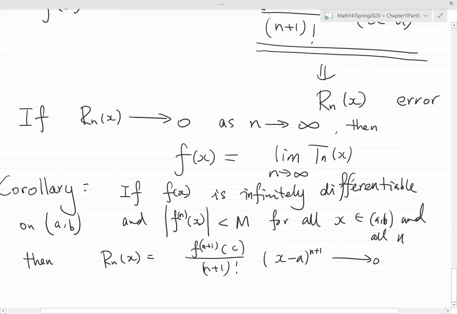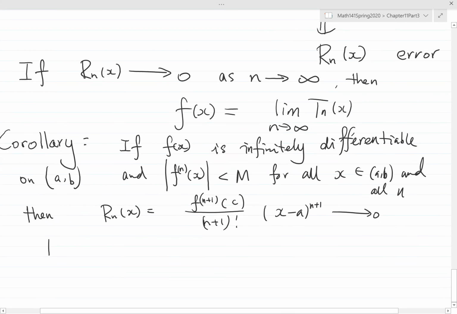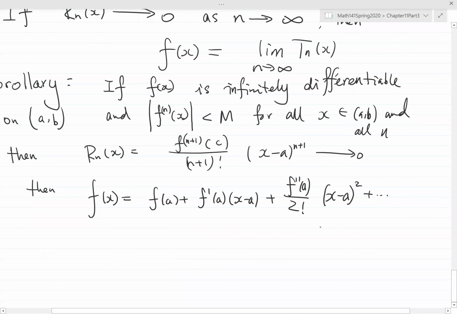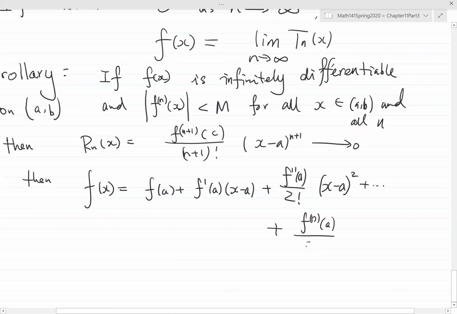Since this thing approaches 0, we have f x equals f a plus f's derivative at a times x minus a, plus f's second derivative at a over 2 factorial times x minus a squared, and so on. The general term is the nth derivative at a over n factorial times x minus a to the power n, and so on. The right side is called the Taylor series.